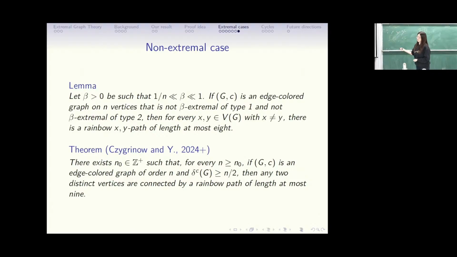So we don't know if we have paths of the same length. I think that's probably a very different problem. Now here, if two vertices are adjacent, we just don't care about them.